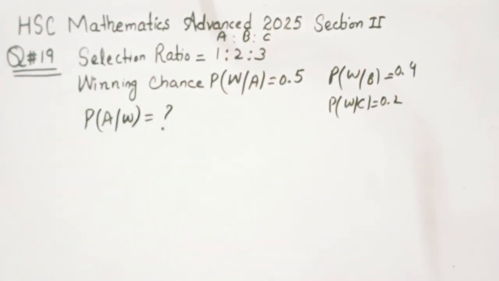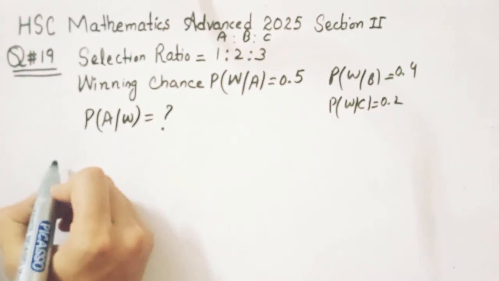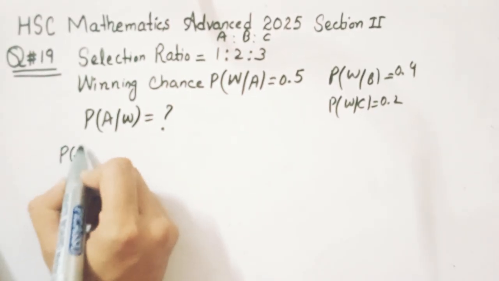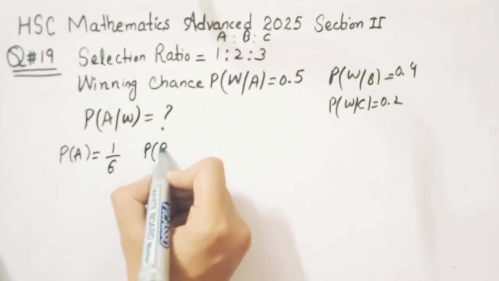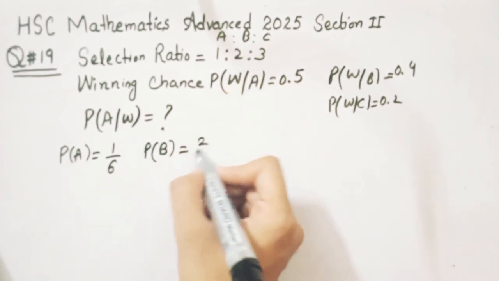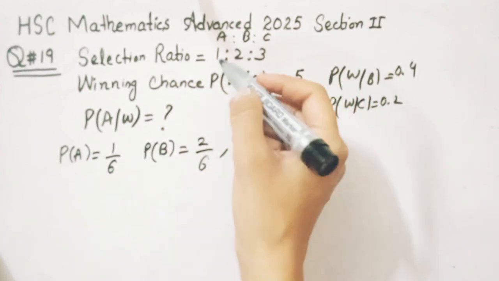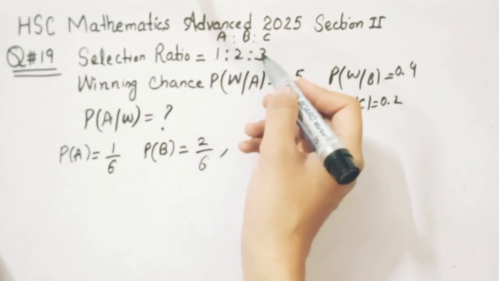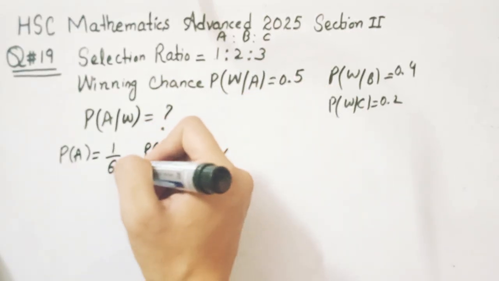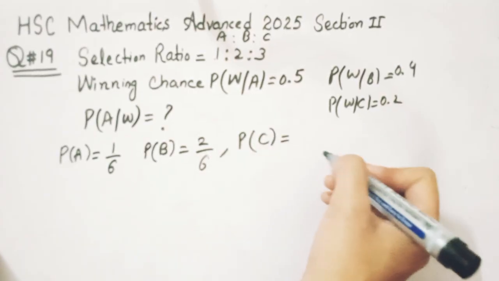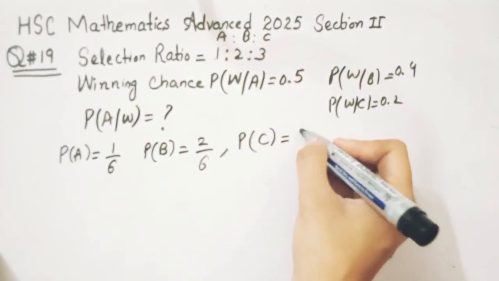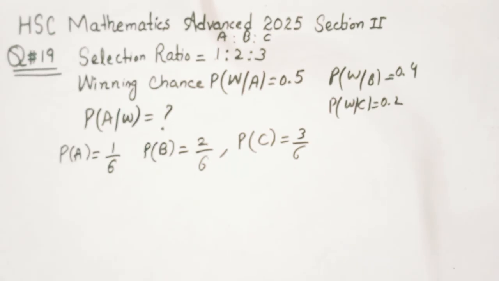So how will we start solving this? First of all, we write probability of A as 1/6, probability of B as 2/6, because 1 plus 2 is 3, 3 plus 3 is 6, so the total is in the denominator, and probability of C is 3/6.